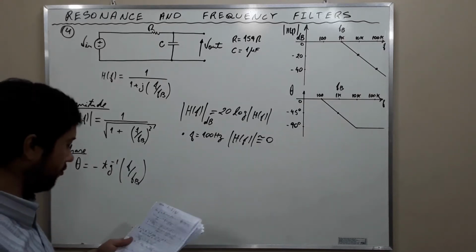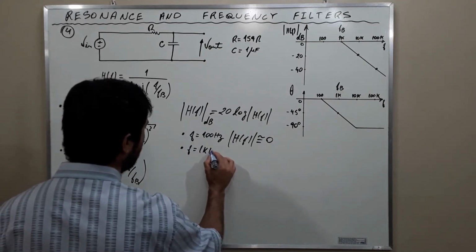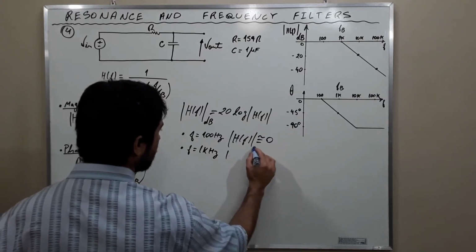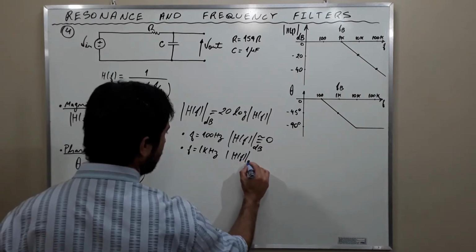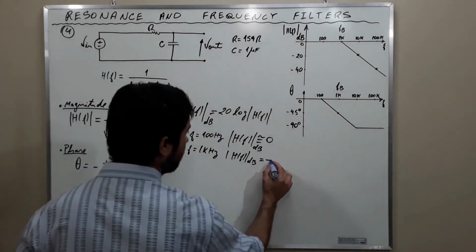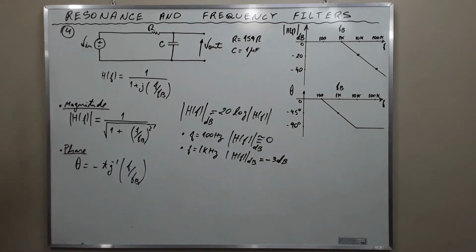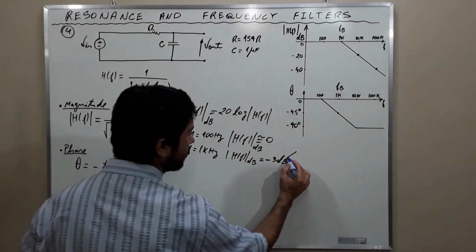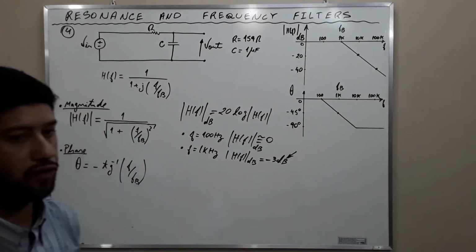Likewise, for the frequency of 1 kilohertz, the magnitude in decibels is equal to negative 3 decibels. Okay? Pay attention on this. We are going to return to it later, but pay attention on this.